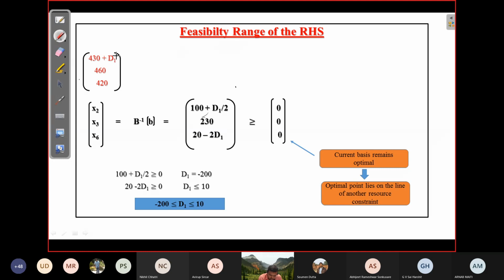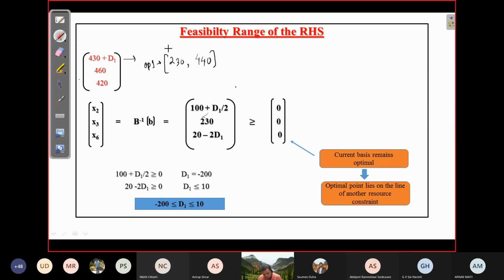For resource 1, what is the range of feasibility? 230 is the minimum value and maximum value is 440, right? Yes, sir.